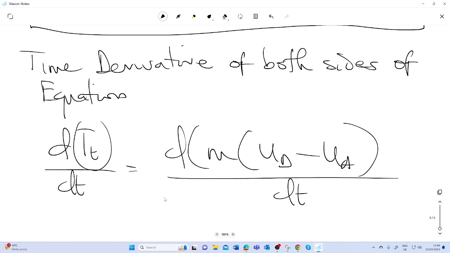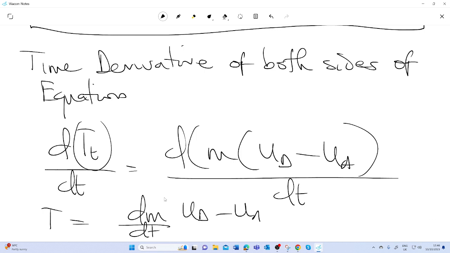So we are finding the time derivative for the whole thrust and the momentum. So it becomes dm over dt (UD minus UA), which becomes m dot (UD minus UA).